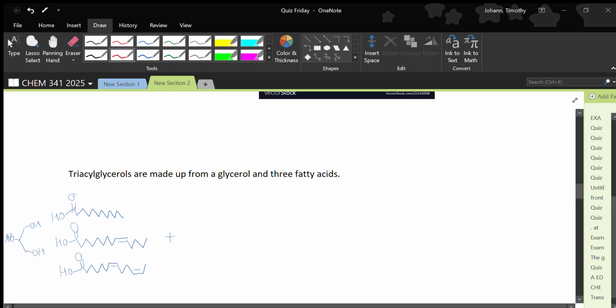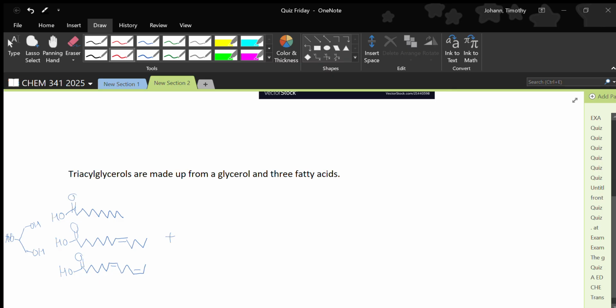When these molecules come together, if I'm going to make a bond between this glycerol and this fatty acid, what reaction is going to happen there? Dehydration, condensation. We're going to eliminate water to do that.